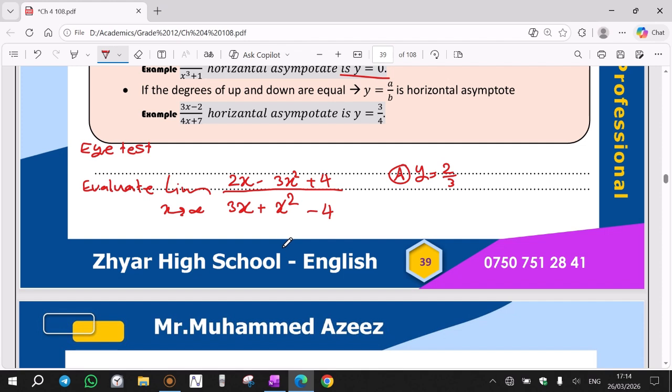That's not right, because the highest power is the leading power. The leading power of the numerator is 2. The leading power of the denominator is 2 as well. Then the right answer will not be 2 over 3.